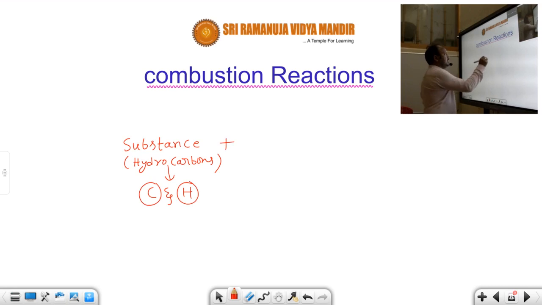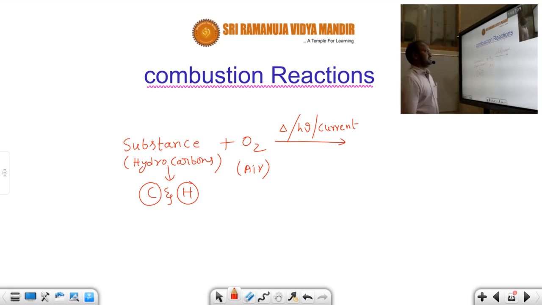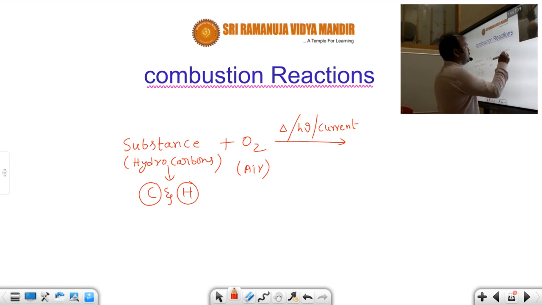This type of substances which are burnt with oxygen in the presence of heat or light, h nu, or by passing of current, then what will happen? Firing will take place. Whenever firing takes place, it produces smoke, that is nothing but carbon dioxide, and also releases water vapor.